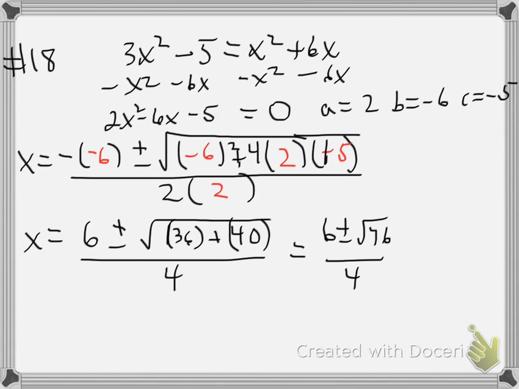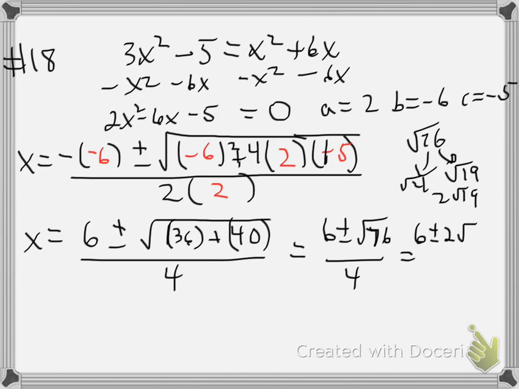So let's think about what root 76 is. Root 76 is root 4 times root 19, which is 2 root 19. So let's write that here. That's 6 plus or minus 2 root 19 over 4.